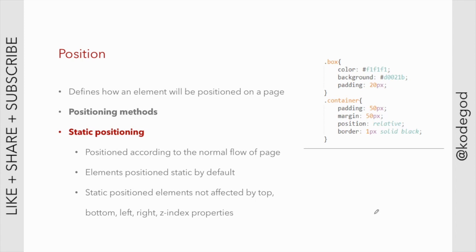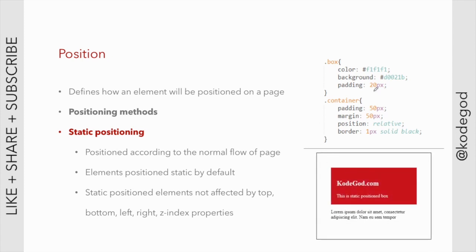Static is the default position of all the elements, and elements which are static in position are not affected by the top, bottom, left, right and z-index properties. These properties we are going to check in the upcoming slides, but this is something that we should know. We know that all the elements are static in the default position. So technically, without writing even this property, you will have a similar effect.